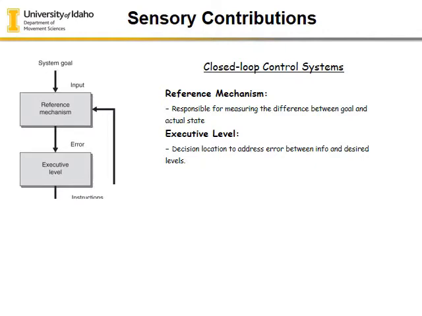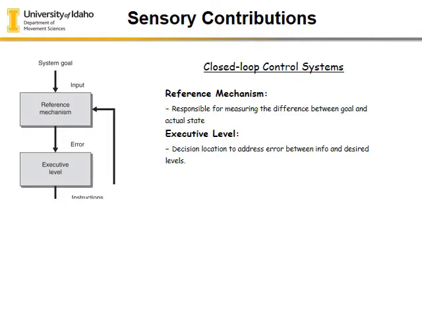And then you have an executive level, and this is the decision location, meant to address the error between the input and the desired level. What it all comes down to here is that through the process, you created this idea of what the task was, and then you had the actual outcome measurement.